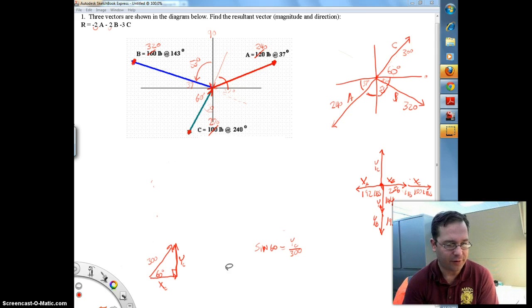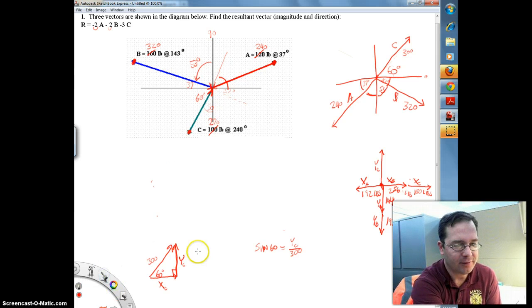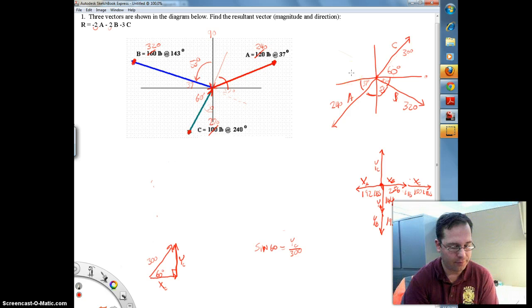In the previous video, we all but had this solved, but we needed to find the magnitude of vector C, and then combine all of the components. We had gotten to the point that the y force in vector C was equivalent to 300 times the sine of 60 degrees.